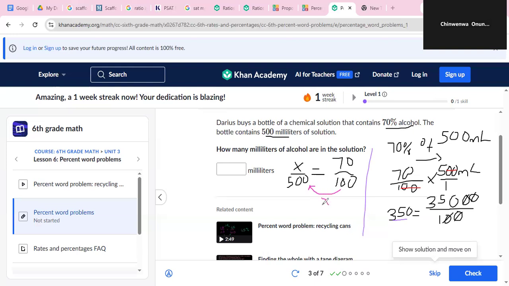This is the second way you can do these problems: part over whole equals your percent, times 5. So we get that the part that's alcohol is 70 times 5, 350. Or you can literally take 70% of 500, which means 70 over 100 times 500, which you will get 350 both ways. So let's type in our answer, 350.